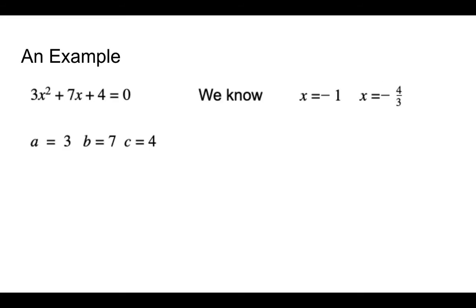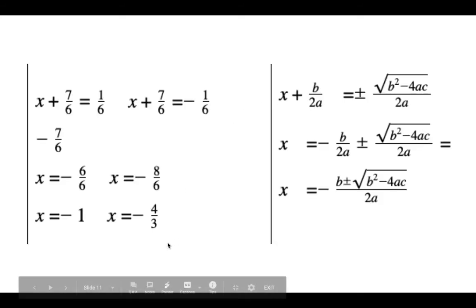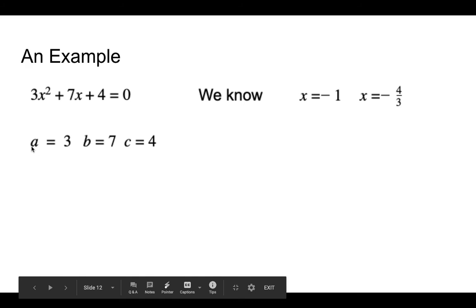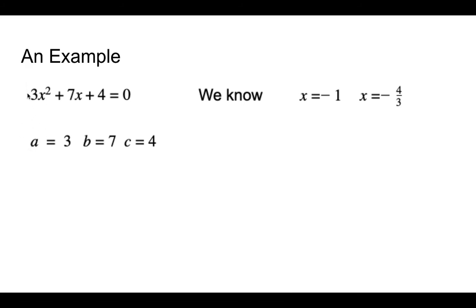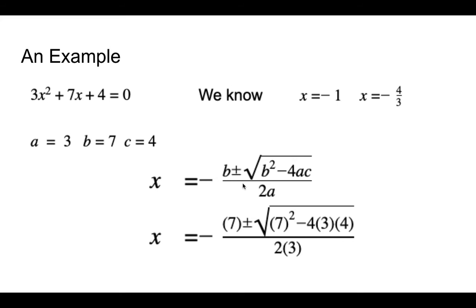Now let's see how we work with this. Here's an example. This is the problem we just did, and we know that the solutions are negative 1 and negative 4/3. See, they're right there. And in this case, looking at this example, my a equals 3, my b equals 7, and my c equals 4. And I'm just going to plug those into the quadratic formula.